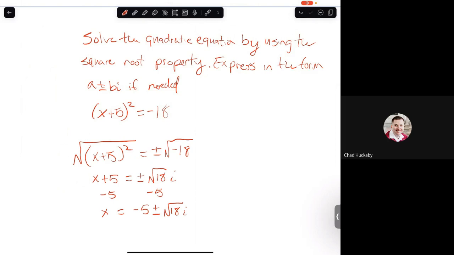Now, can we simplify this any further? The answer is yes, we can simplify it further. The square root of 18 can be written as the square root of 2 times the square root of 9 times i.